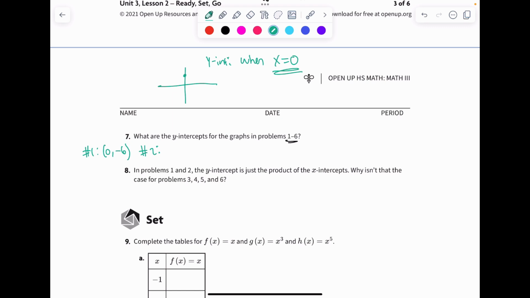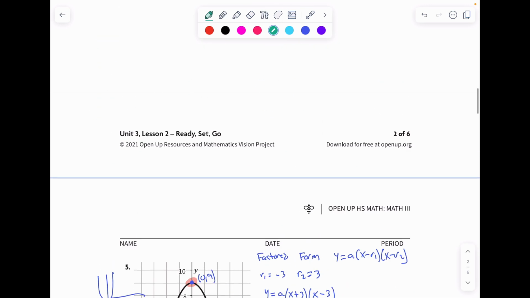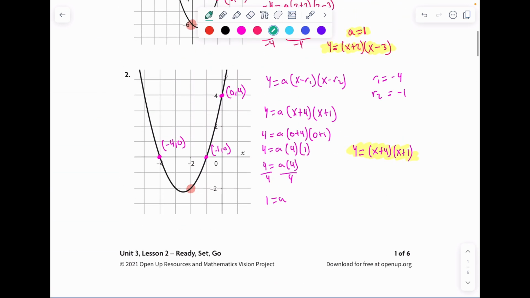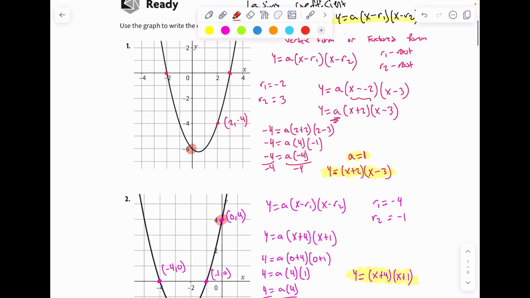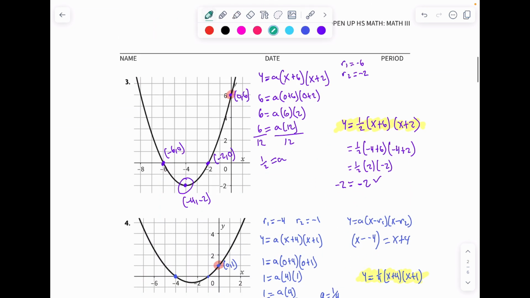Okay, that's important to note. So y-intercept always happens when x is equal to 0. We have (0, 4), right? Oh my god, this is wrong. It's here, (0, 4).